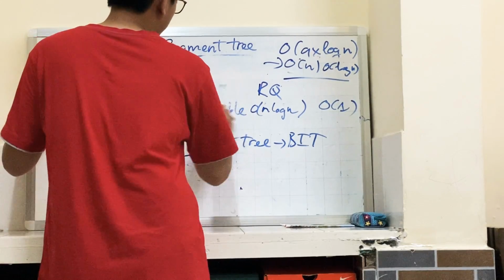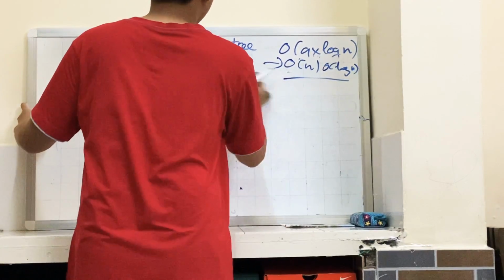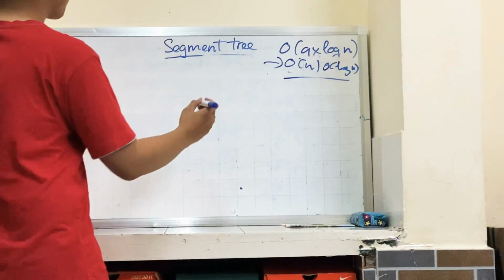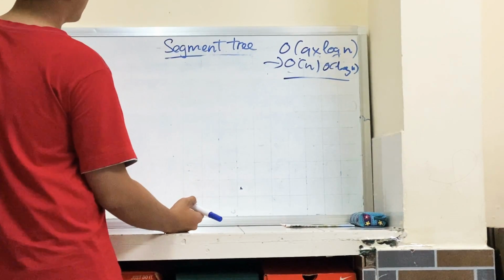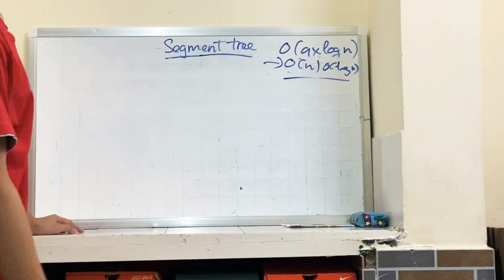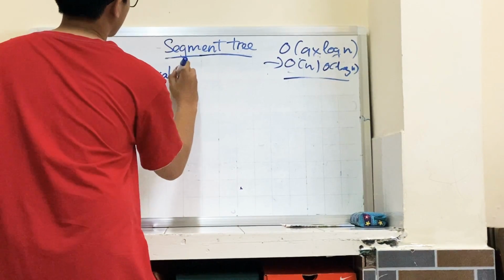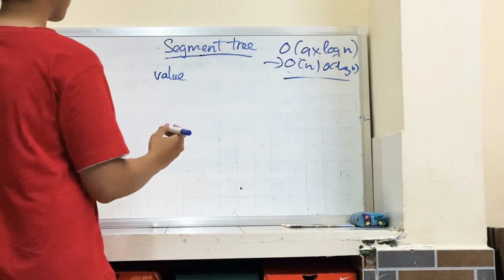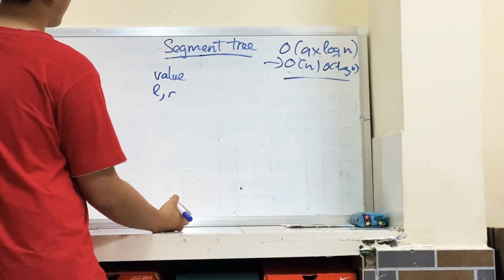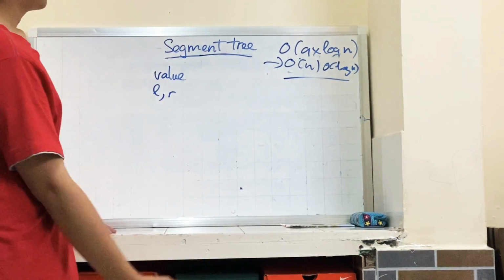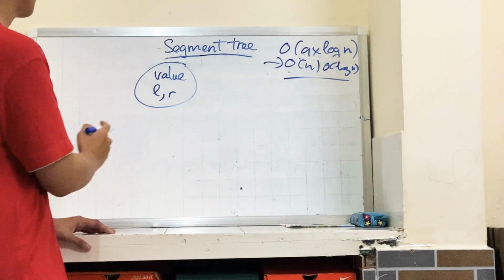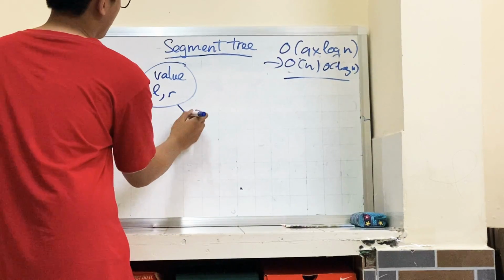So, back to the modify part. As we know, at first our nodes contain only the value and the left and right representation, that is, the pointer to the left and the pointer to the right.